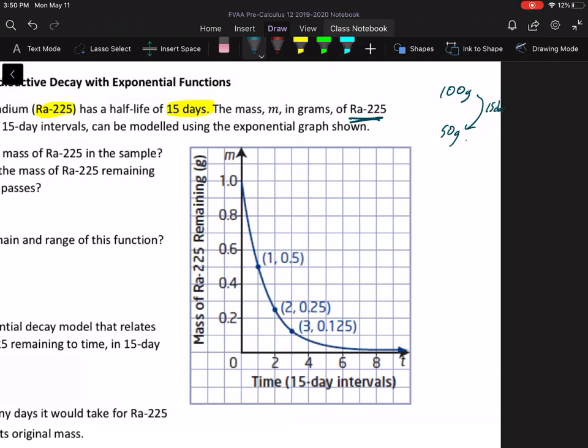And in another 15 days, how many grams would you have of radium-225? Not 0. You would have half of the previous, which would be 25 grams, and then half of the previous, which would be 12.5 grams, and so on and so forth.